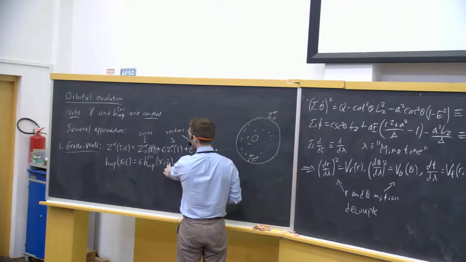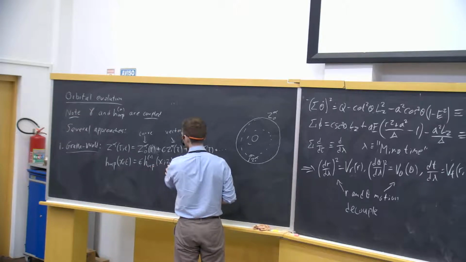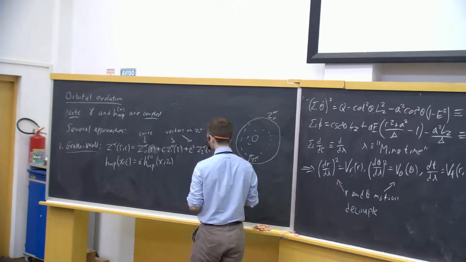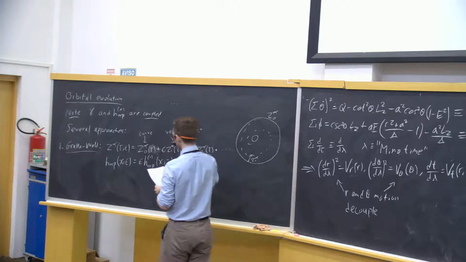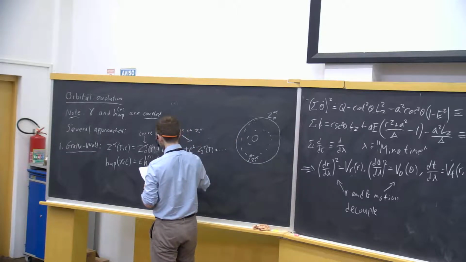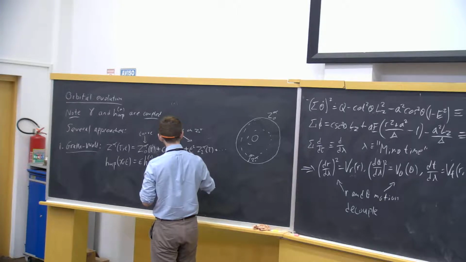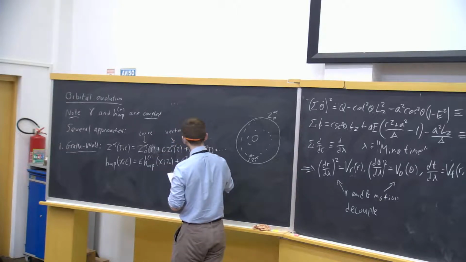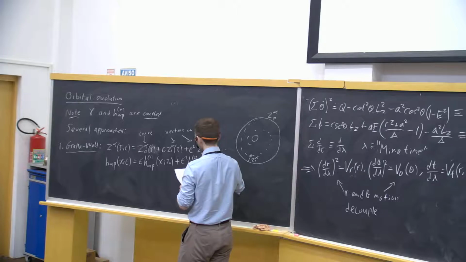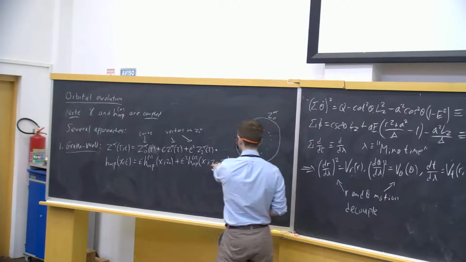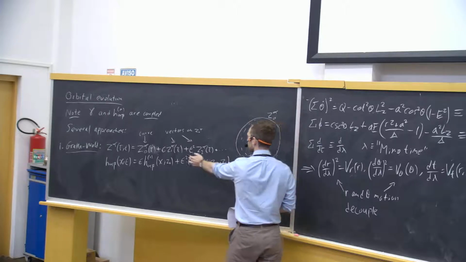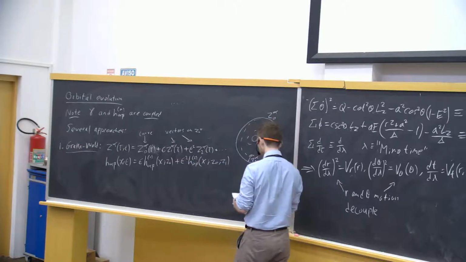Just writing the functional dependence, h1 is sourced by leading order gamma. And the second order perturbation depends on the leading order geodesic motion, but then also this correction, Z1.